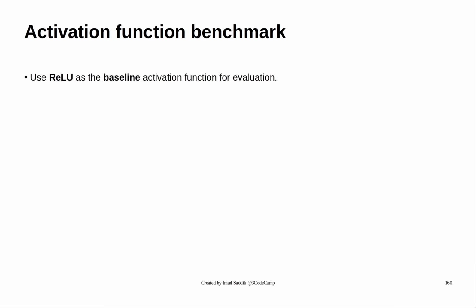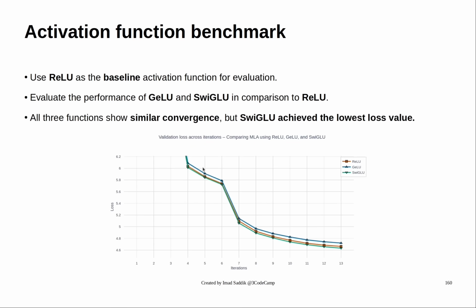We are going to consider ReLU as the baseline, because I have used it in the multi-head attention video. Then we will evaluate the performance of GELU and SwiGLU in comparison to ReLU. Here are the results. As you can see, SwiGLU is the winner. It converged quickly and it achieved the lowest loss value.